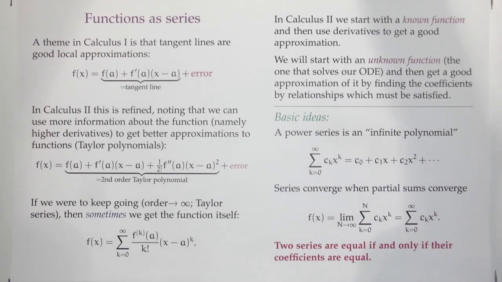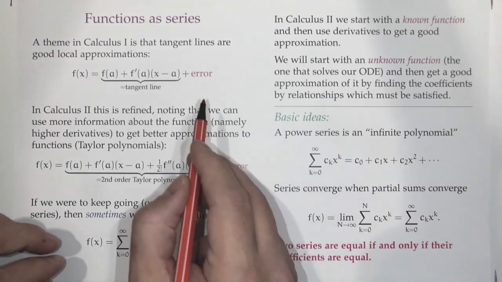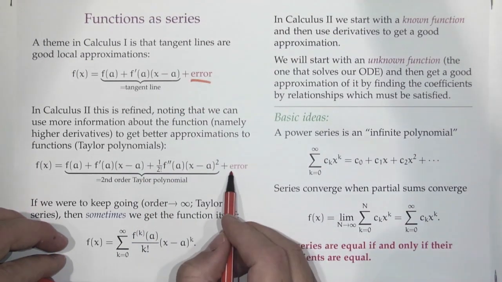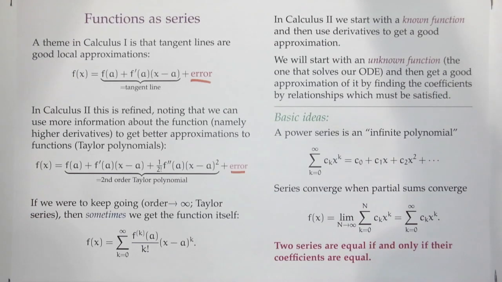Now, if you're looking closely, you might notice that our error has gotten smaller. The more information that you're using, the better your approximation, the smaller your error is. And so they said, all right, let's use all the information. What does that mean?